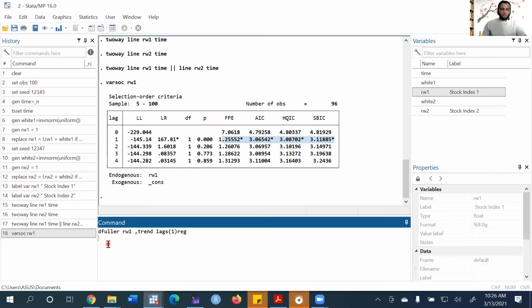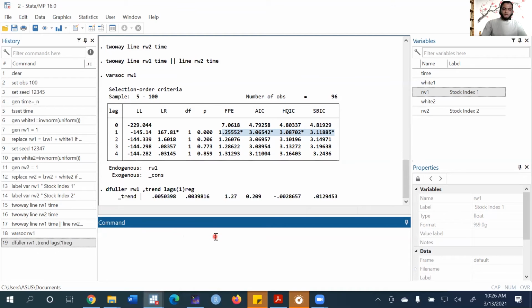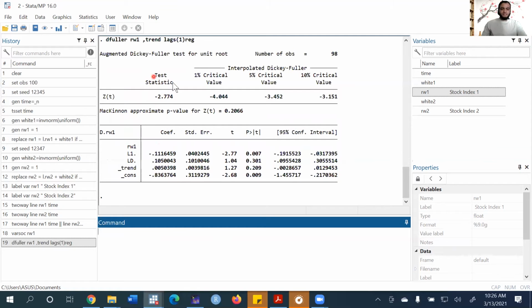To do it, we write the dfuller command for the RW1 variable, and we saw that there is a trend in the graph, and we have one lag optimal, and we are regressing. This is the command, and this is the test statistic. To check the Dickey-Fuller test, we mostly use the tau test, where the calculated tau is lower than any of the critical tau. Therefore, we can say that the series is not a stationary series.